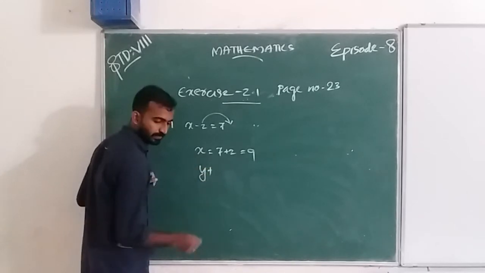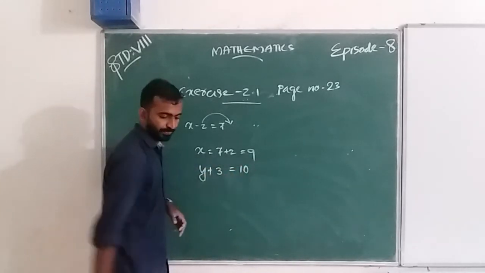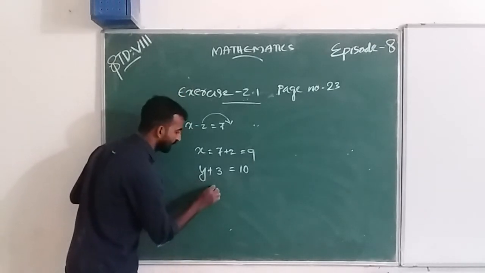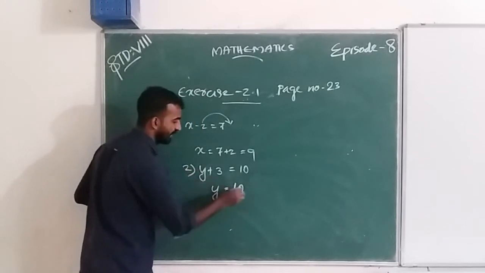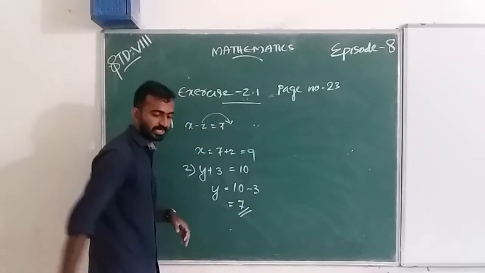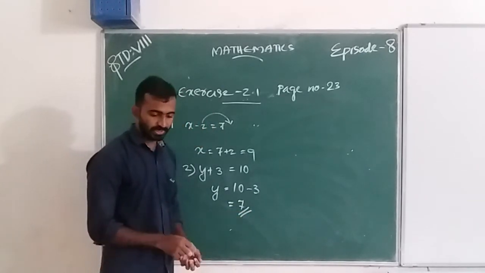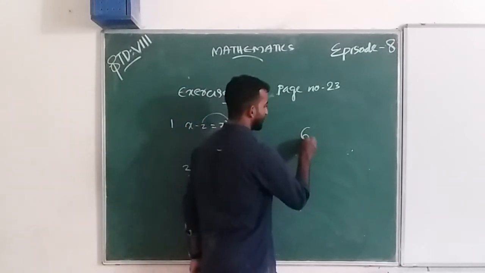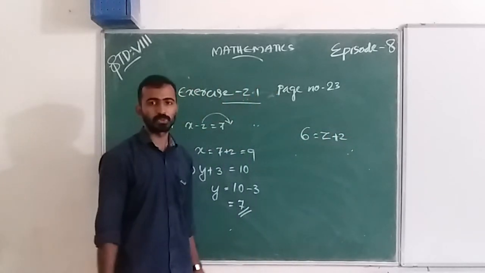y plus 3 equal to 10. And we get y equal to 10 minus 3. Answer is 7. And next one is 6 equal to z plus 2.